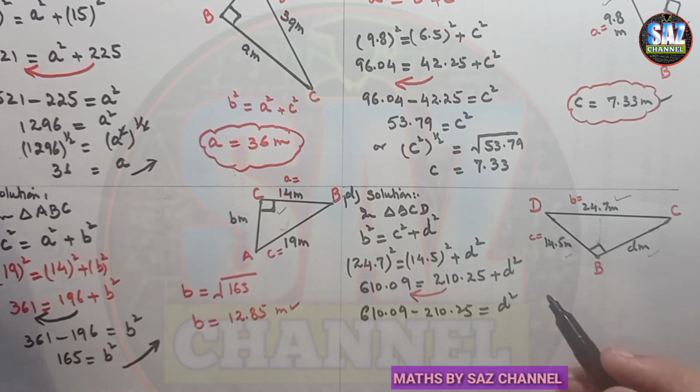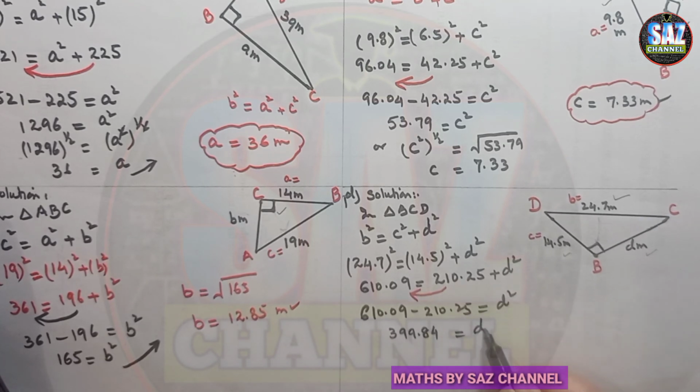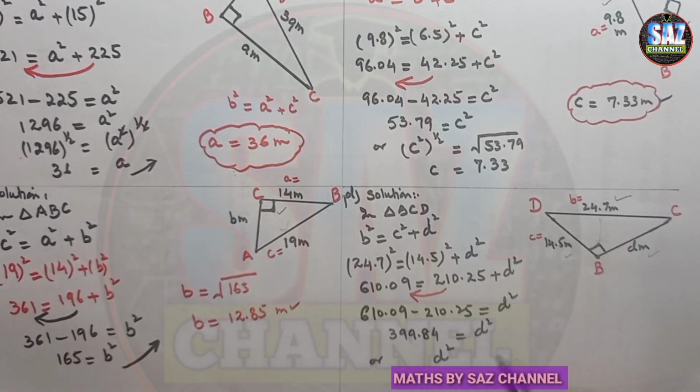This is 399.84. 399.84 equals D square, or what we can do is D square equals 399.84, and now in order to get the value of D, I have to take the square root on both sides. The square root of D square equals the square root of 399.84.